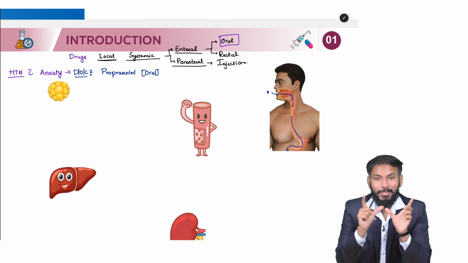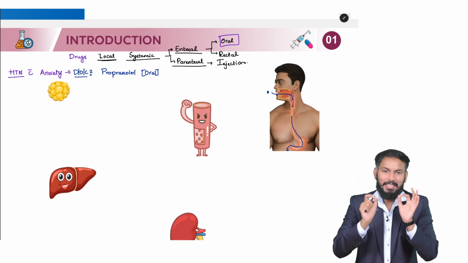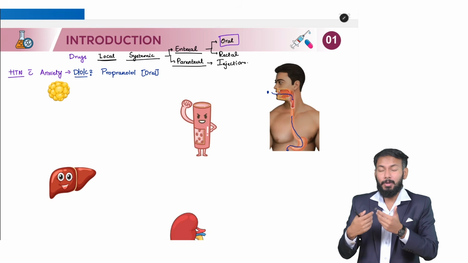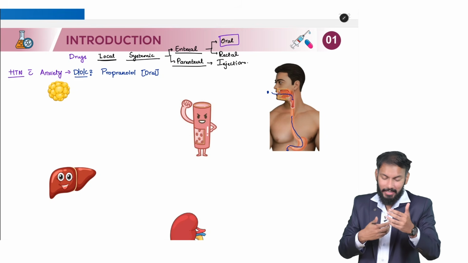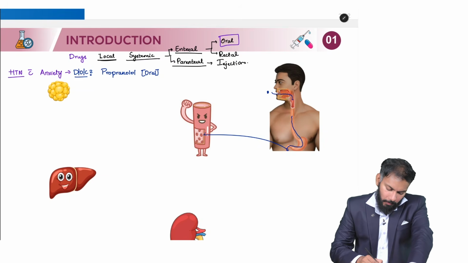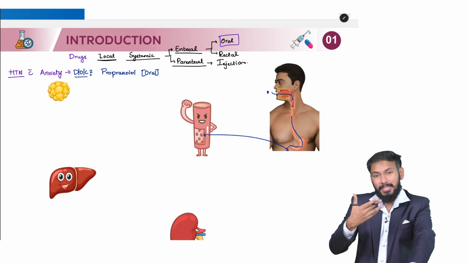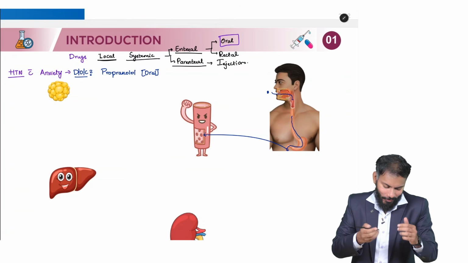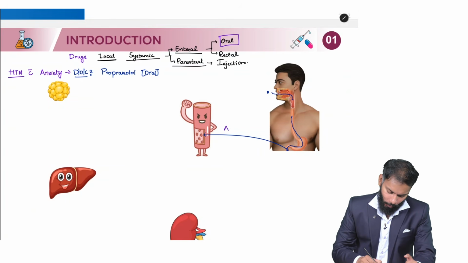Why? Because of presence of microvilli. So, this is the same reason why the drugs are mostly absorbed in the duodenum, because of increased surface area. So, this drug is absorbed from the small intestine into the systemic circulation. What is happening? There is absorption. So we call this absorption.